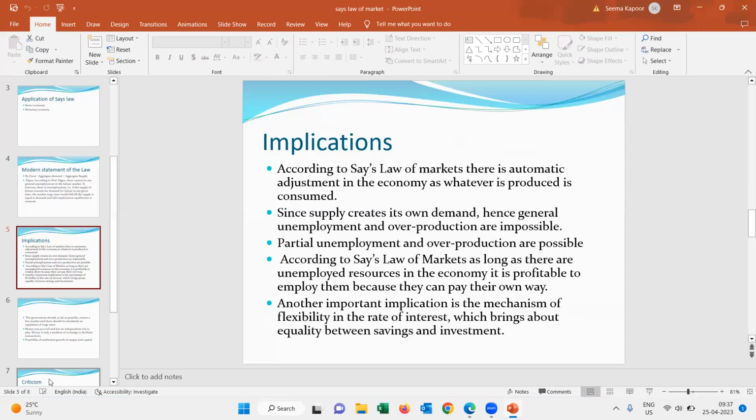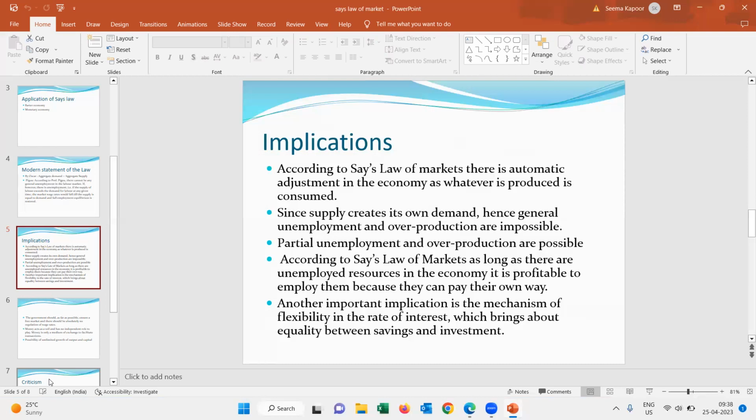In this way, in the long run, due to flexibility of wages, demand for labor will become equal to the supply of labor, and the unemployment problem will be corrected with the help of the price mechanism. But in one sector of the economy, it is possible that unemployment exists. In other words, general unemployment is impossible, but partial unemployment is possible. This is possible with the built-in flexibility of the economy, which is called automatic adjustment. That means whatever is produced will be consumed.